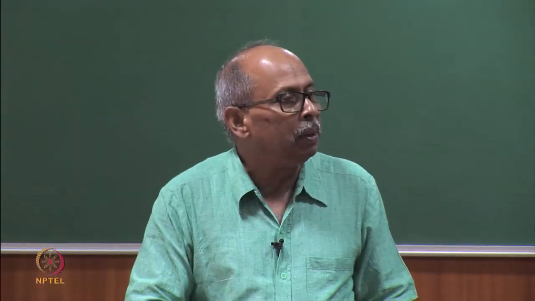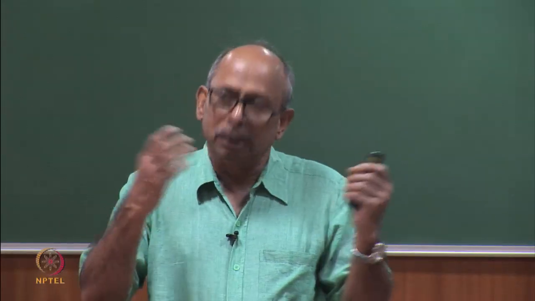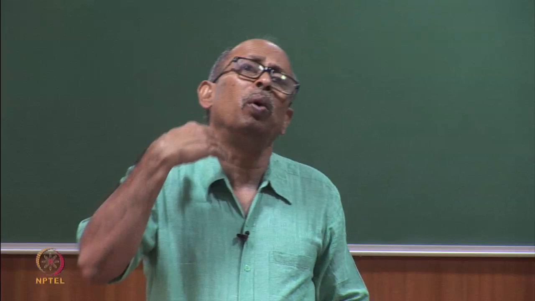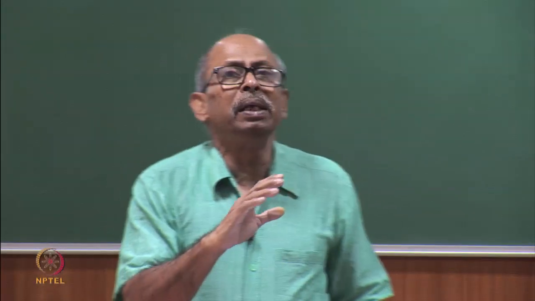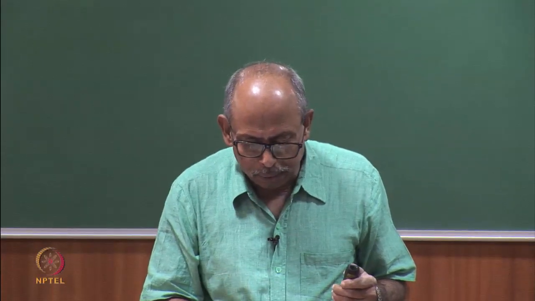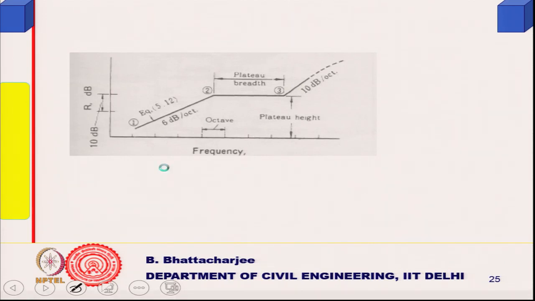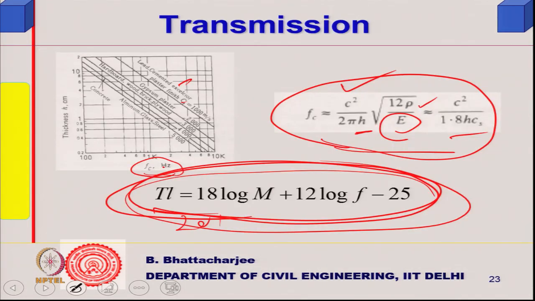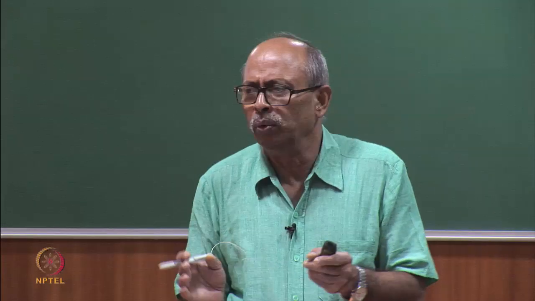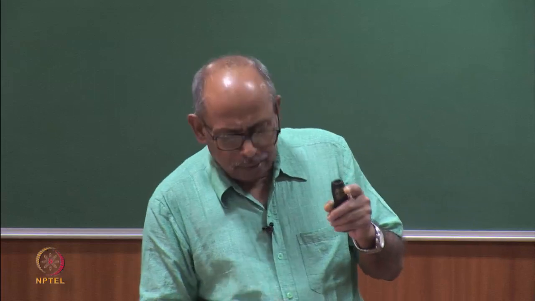For example, supposing I know the noise in this room and I do not want it to go to the other room, one way is to take an approximate formula, 14 log m plus or minus some value, which takes care of all average frequencies. This is good enough.